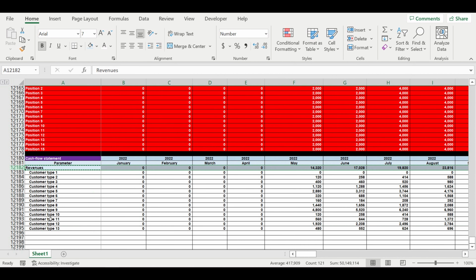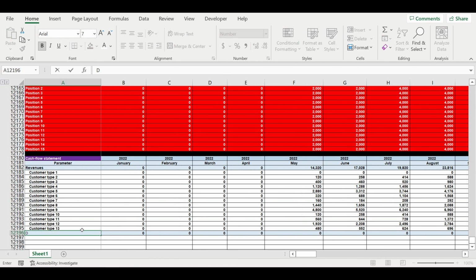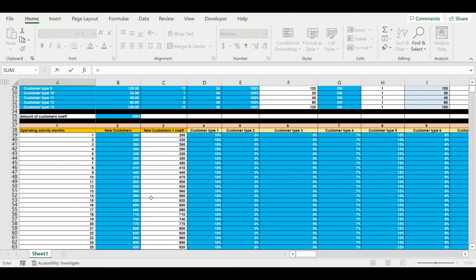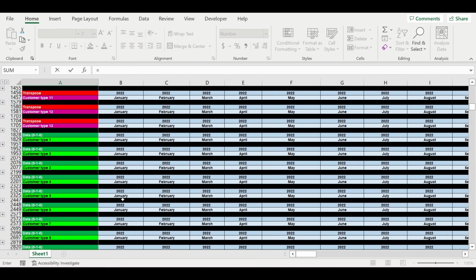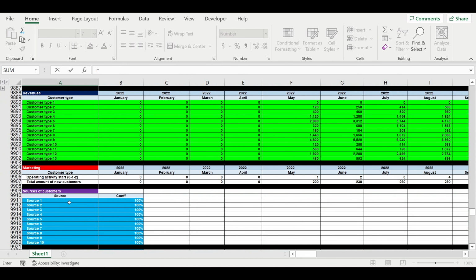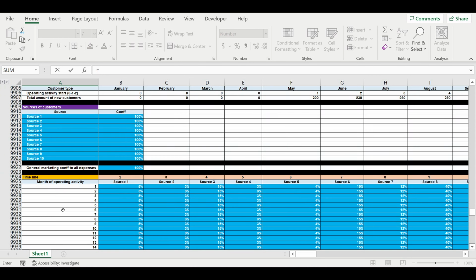Now we create the line for direct expenses. In our case, these are marketing expenses. So we're just scrolling down, searching for these expenses. They are marked with red. Sources of customers, so we're about to find them.